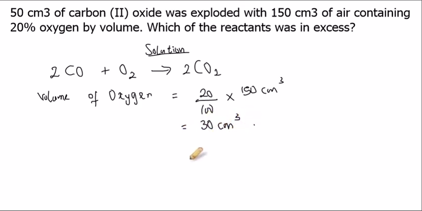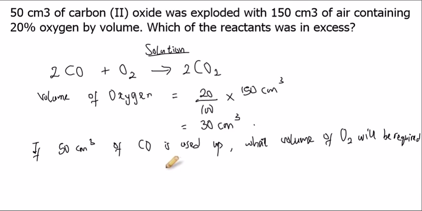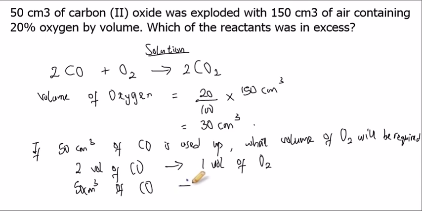So we've gotten the volume of oxygen that was used, and we know the volume of carbon(II) oxide. So we need to determine the one that was used up. If 50 cm3 of carbon(II) oxide was used up, what volume of oxygen will be required? To know the volume of oxygen that will be required, let's state the ratio in which they are combining. Now you can say 2 volumes of carbon(II) oxide will require 1 volume of oxygen. Then 50 cm3 of carbon(II) oxide will require x cm3 of oxygen.